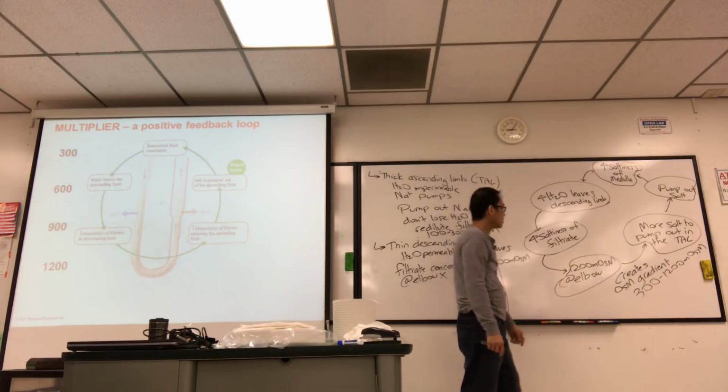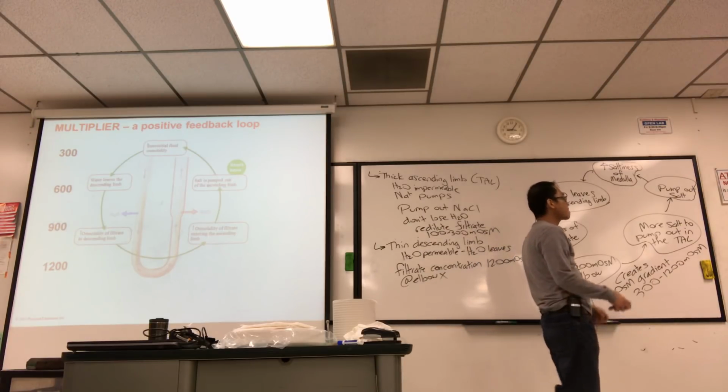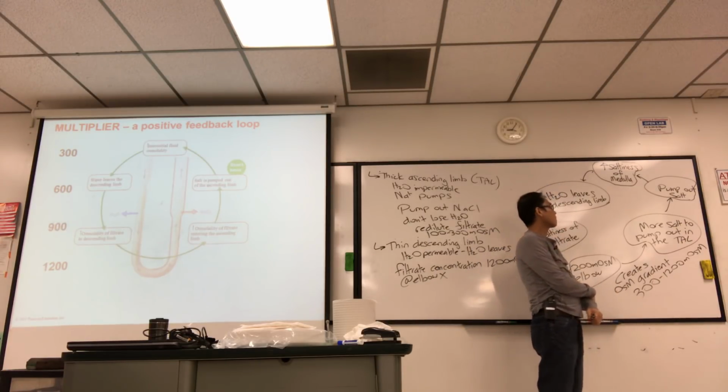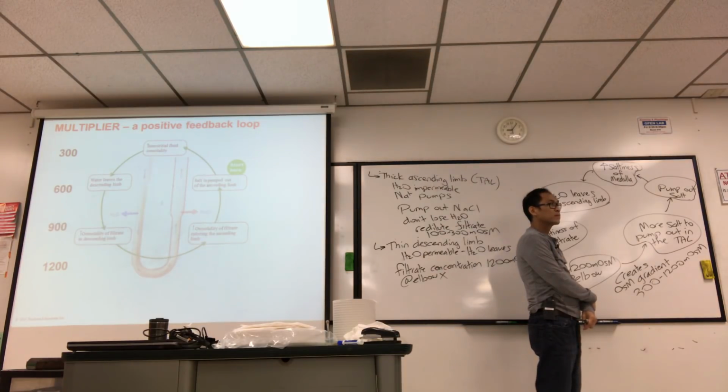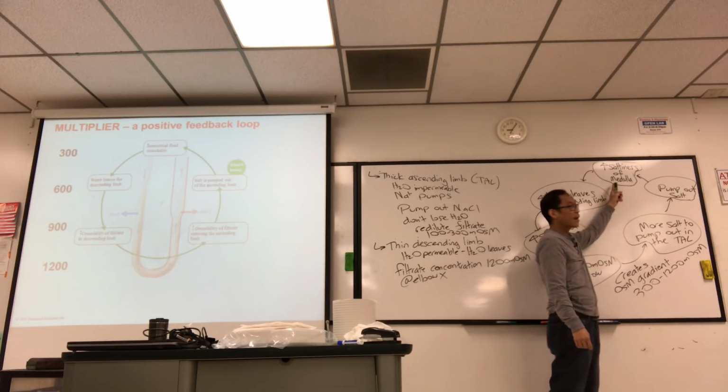And then we get into the ascending part of the loop. And then there's more salt in it because we had 1200. So that is going up, so it's still 1200 there. Once you pump it out, it's not, but yes.